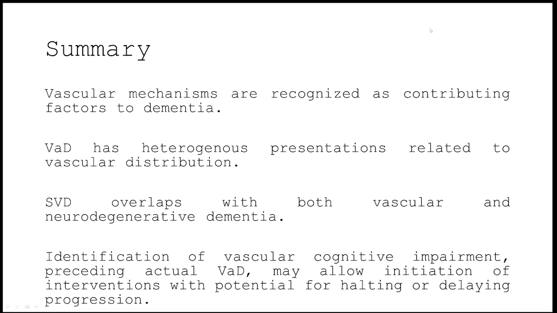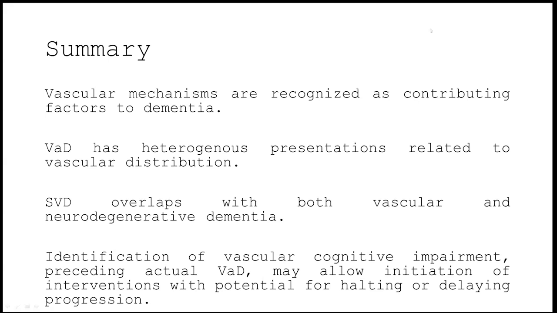So, in summary, what I hope I've shared with you is that vascular dementia is the second most common cause of dementia presentations. The vascular mechanism, the pathogenesis, is well defined and understood.